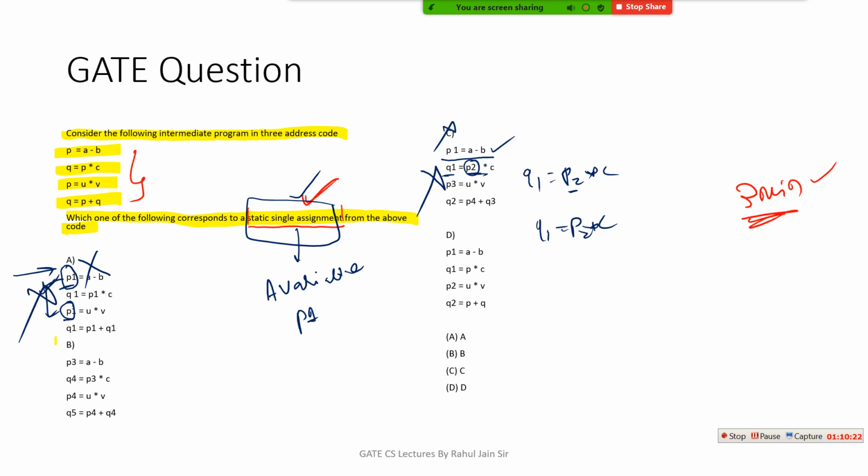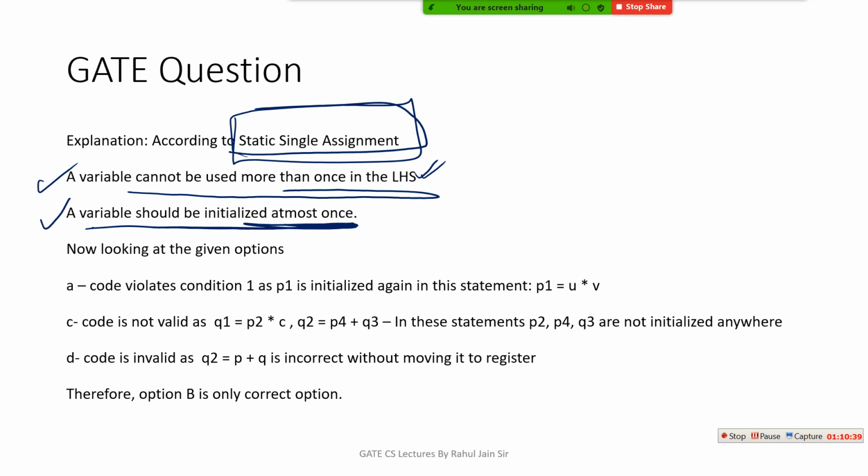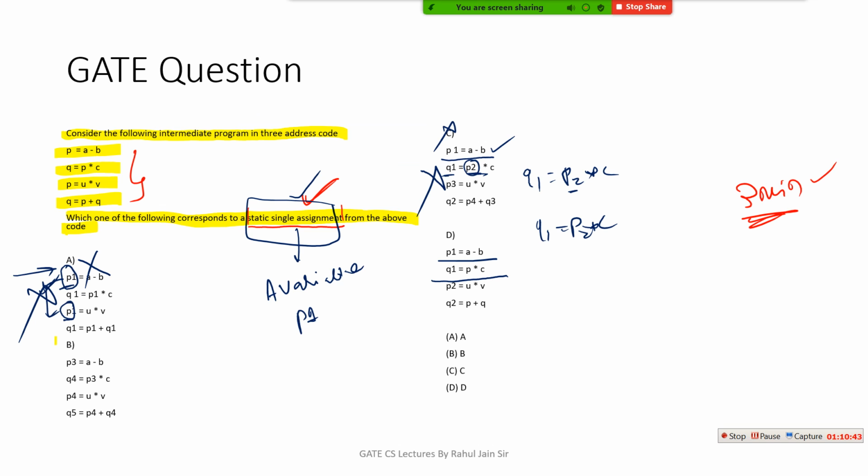And the candidates who have answered option D as the correct answer, please focus here. P1 equals A minus B. It is okay, no problem. Q1 equals P into C. If you observe here, Q2 equals P plus Q is incorrect. Why?